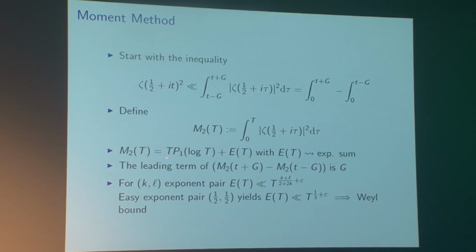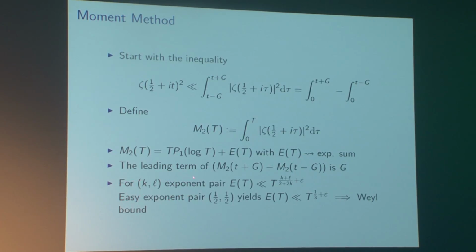And one can prove such an asymptotic. The leading term is T times a polynomial of degree 1 in log T plus an error term E(T), where the error term is basically some exponential sum. So when you look at the difference, the leading term will just cancel and it will reduce to G. Okay, so basically the bound for the Riemann zeta function will depend on what bound you have for this error term, the exponential sum.